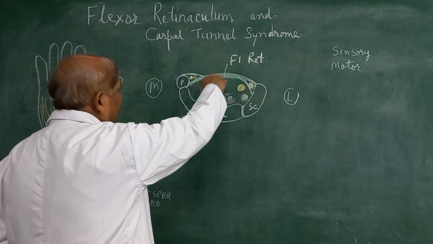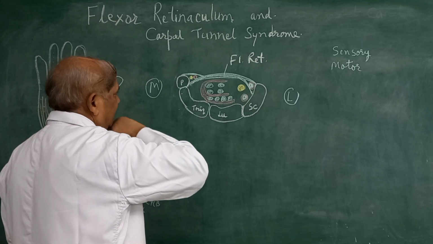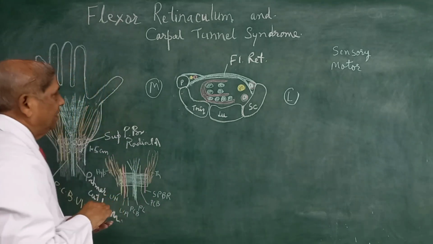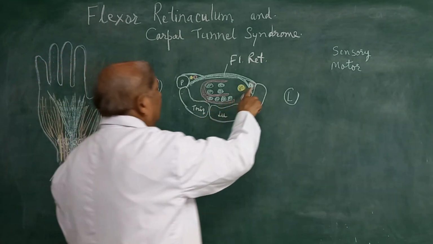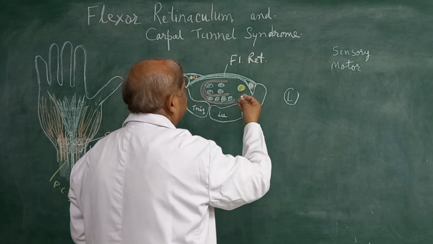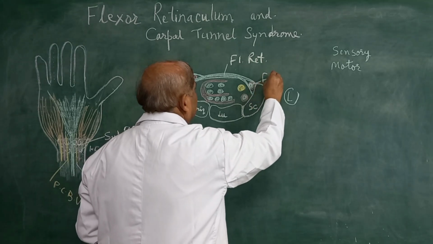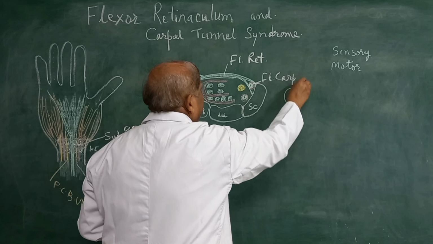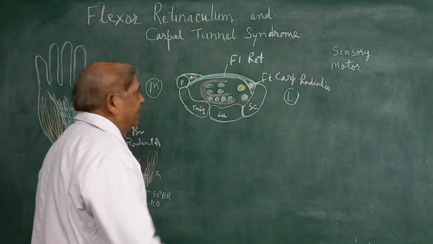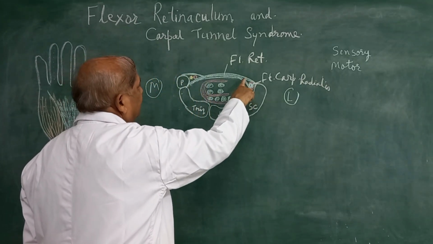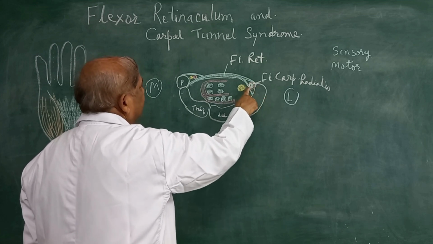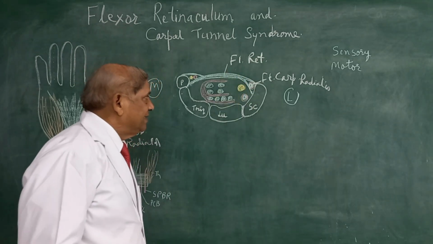If we see the structures which are in the carpal tunnel, deep to the flexor retinaculum, what we will see is that most laterally there is the flexor carpi radialis tendon, which is in a separate compartment of the flexor retinaculum attached to the scaphoid bone, and this tendon is surrounded by its own synovial sheath.